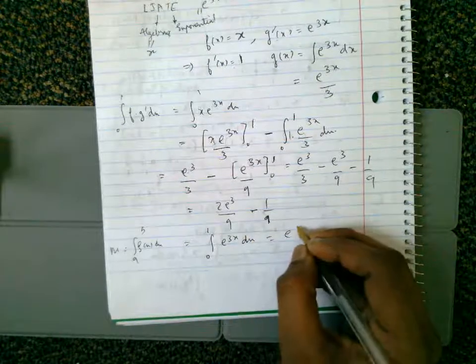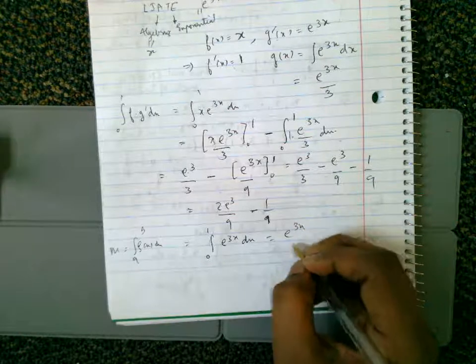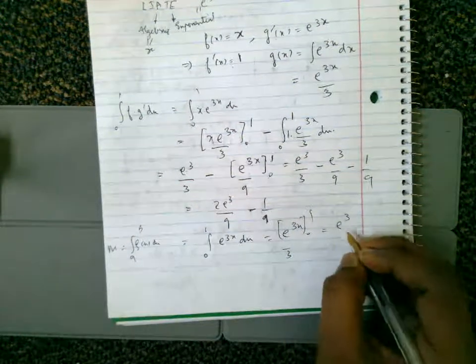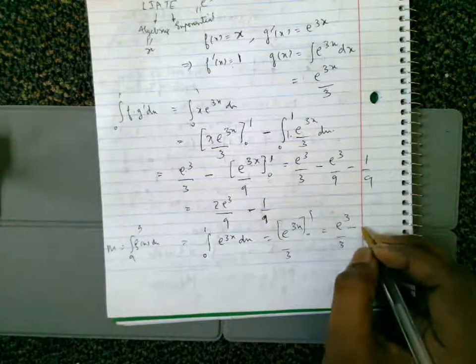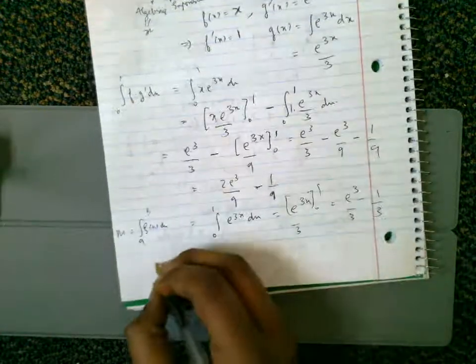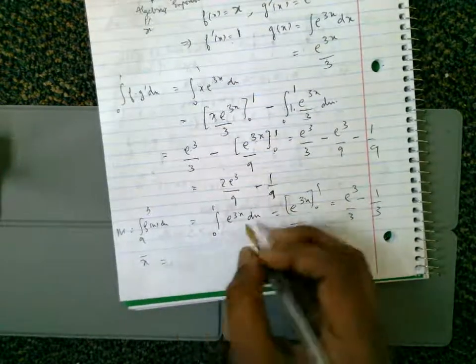So this is e to the power 3x by 3 from 0 to 1, which is equal to e to the power 3 by 3 minus 1 by 3.